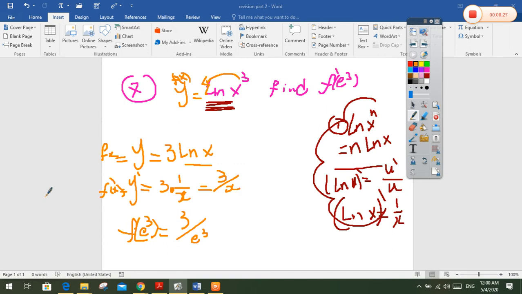When we find the derivative of a natural logarithmic function, please don't forget the properties which help you find the derivative easily.